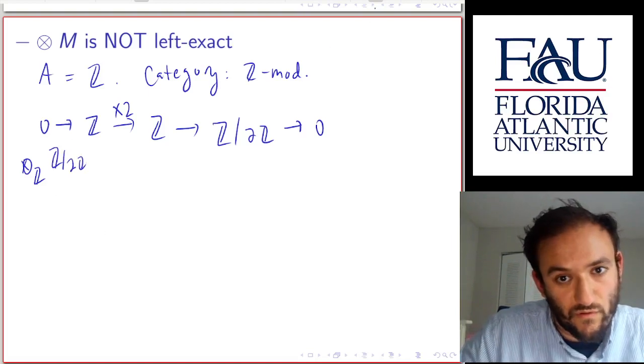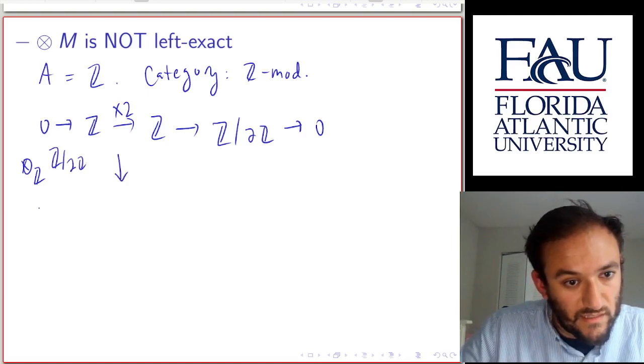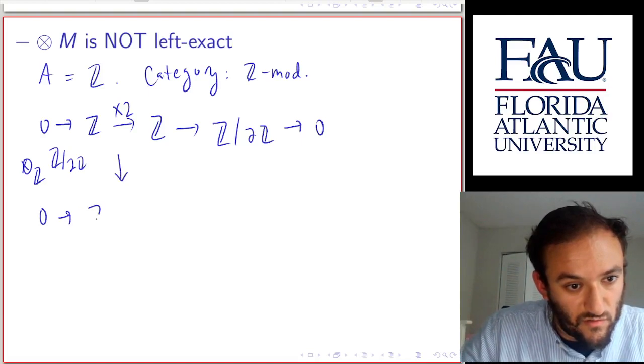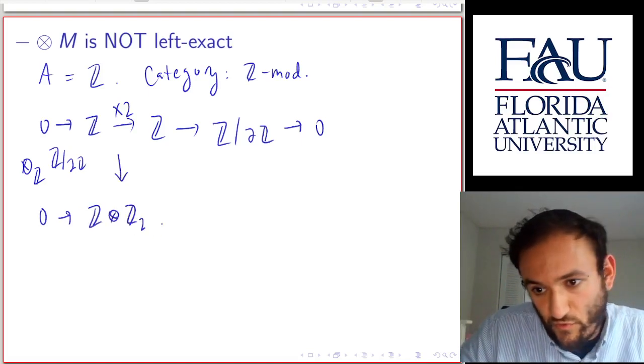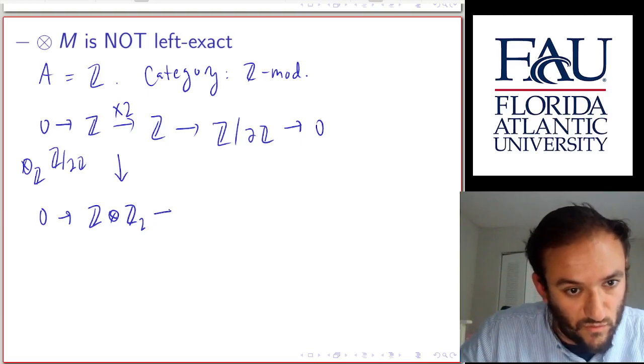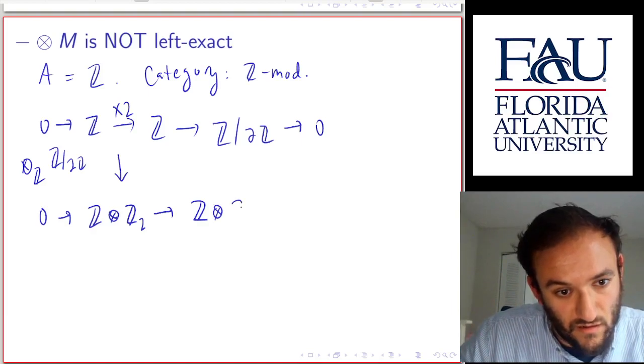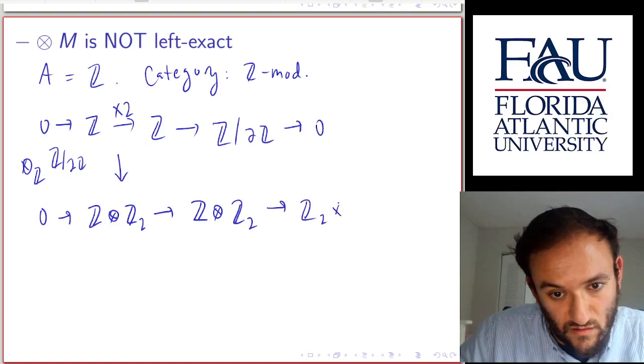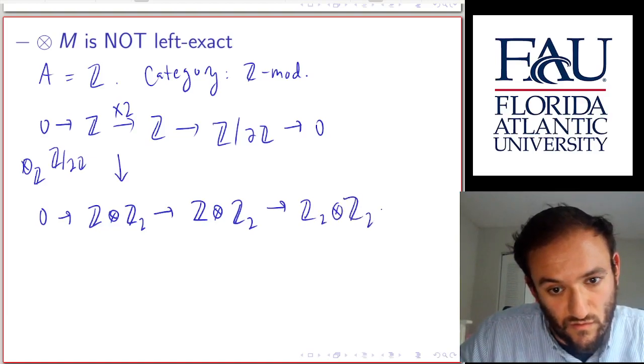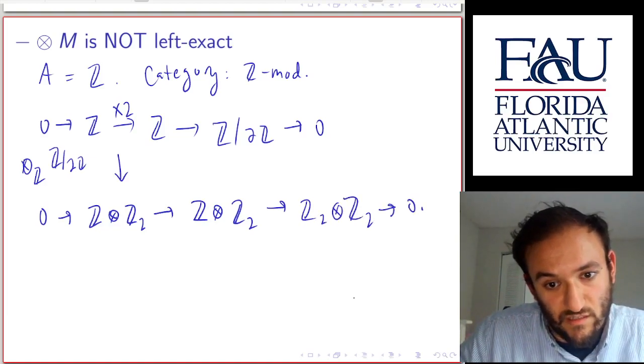Okay, so this sequence becomes 0, Z tensor Z2. I'm going to abbreviate Z mod 2Z as Z2. Z tensor Z2, Z2 tensor Z2 maps to 0.